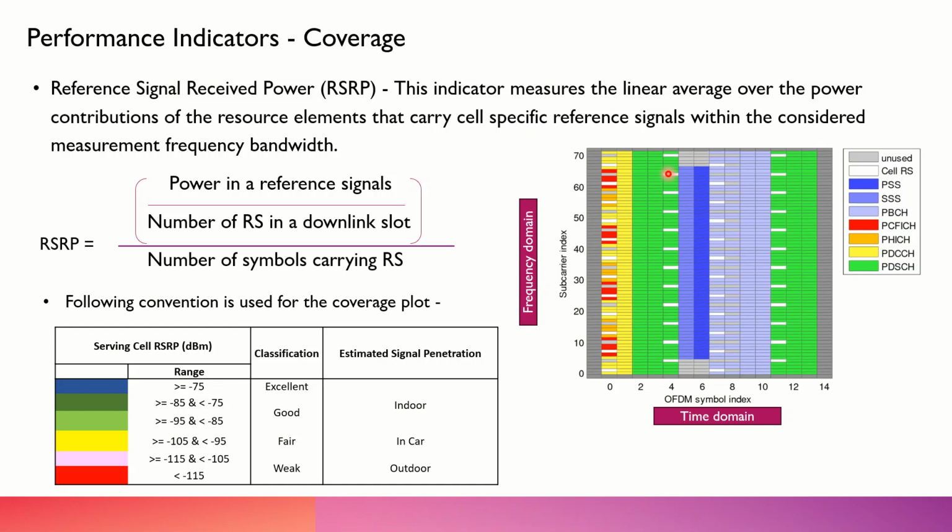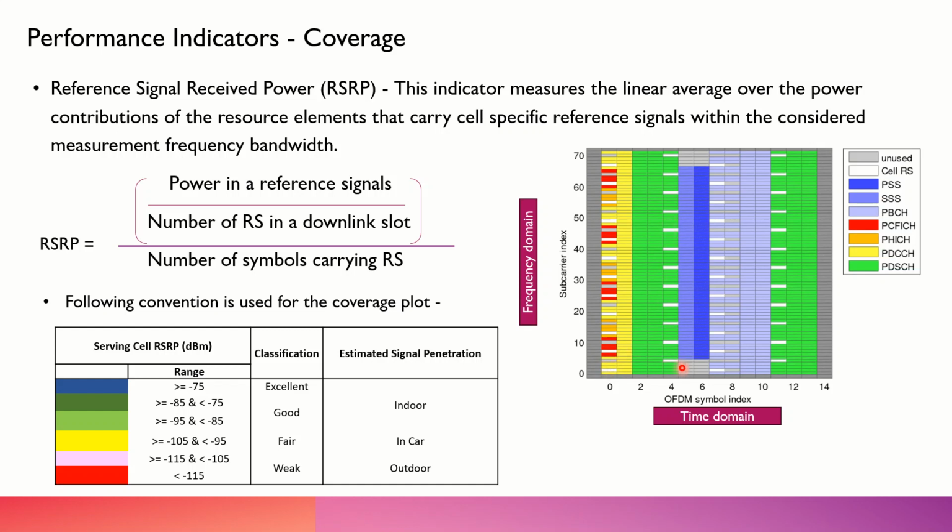So any cell that has a certain area to be covered, that is determined by the power being received from these reference signals, which are highlighted here in white boxes. The RSRP is the linear average power received from these white boxes, or reference signals, at the user end, considered over a particular frequency bandwidth.